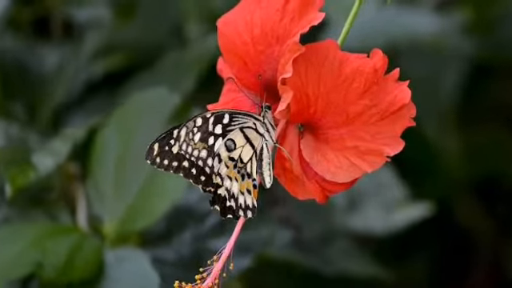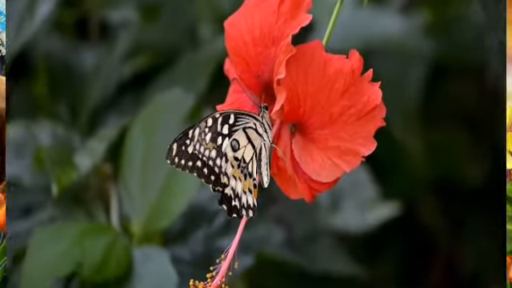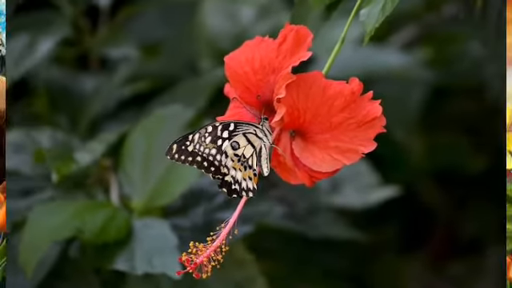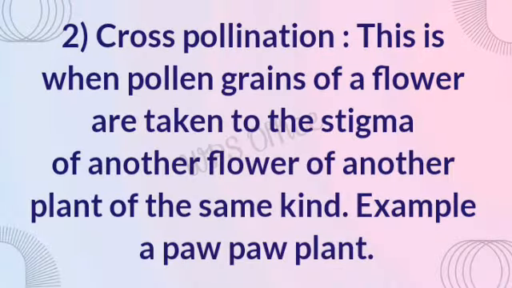So this is a picture showing a butterfly pollinating a hibiscus flower. Next, cross-pollination. This is when pollen grains of a flower are taken to the stigma of another flower of another plant of the same kind.